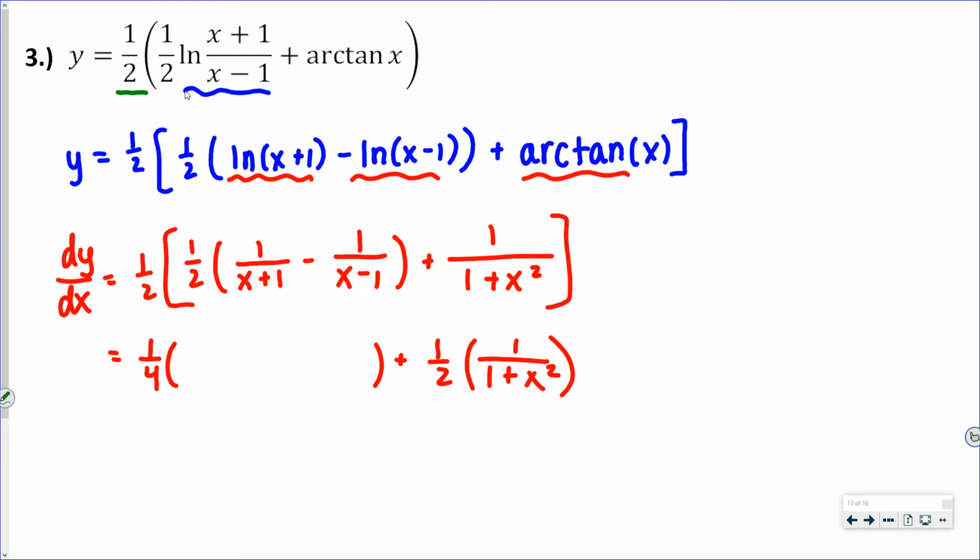Okay, so within here, I'm going to start making common denominators. Which is not too bad. First fraction, multiply the top and bottom by x minus 1. Second fraction, x plus 1.